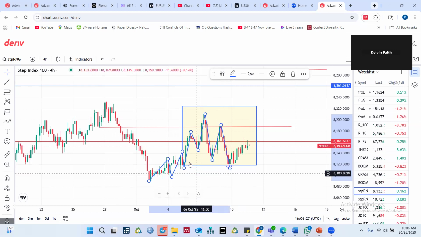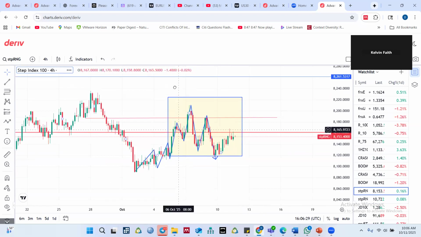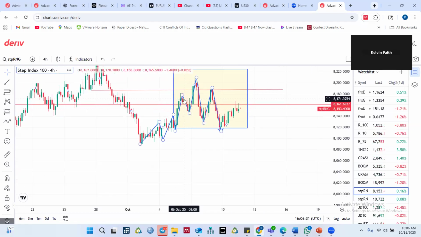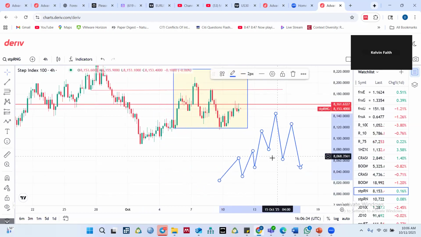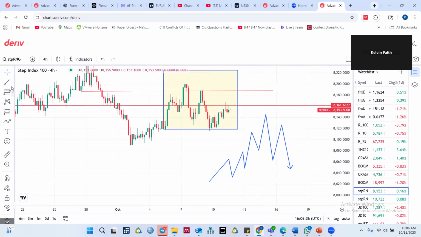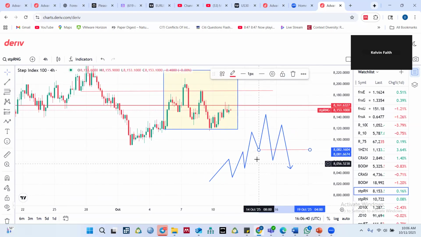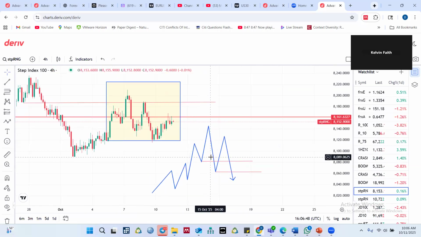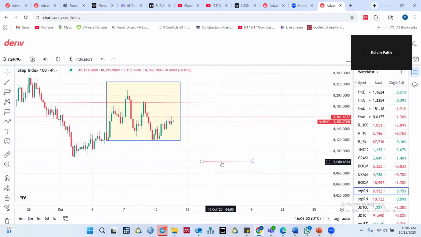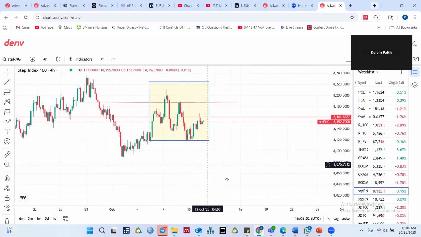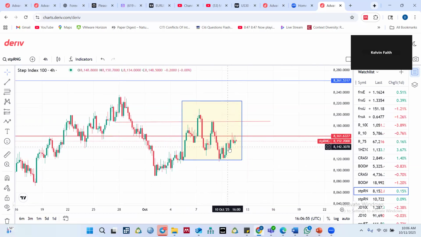So now this pattern here is a change of direction. We've changed direction: break, pullback, second break. So everything is telling us that we should be looking for sells.